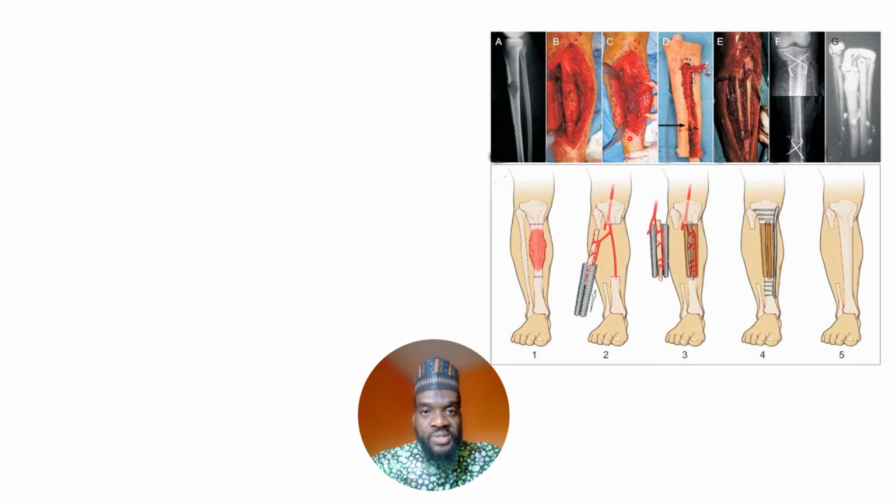So this procedure usually occurs when you have a tumor perhaps in the tibia and you need a donor bone to graft into the already problematic tibia. Okay, so it makes the fibula an ideal donor site for reconstructive surgery.